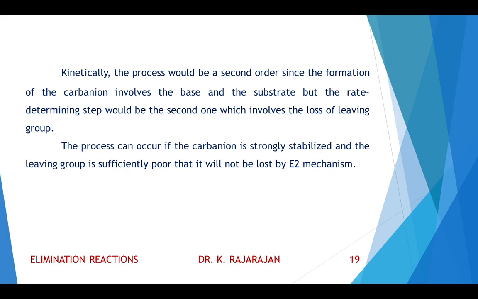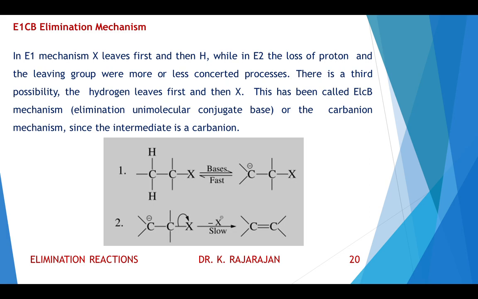So kinetically, the process would be second order since the formation of the carbanion involves the base and the substrate, but the rate determining step would be the second one, which involves the loss of the leaving group. The process can occur if the carbanion is strongly stabilized and the leaving group is sufficiently poor that it will not be lost by the E2 mechanism.